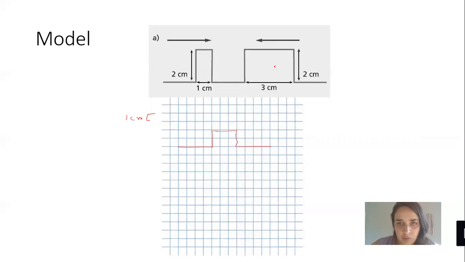I'm going to call this one pulse 1, and this will be pulse 2. So here I have my first pulse. On top of this, I'm going to draw my second pulse. Because they're in the same place, it's going to be directly in the middle, and it's going to be 2 centimeters high, but it's only 1 centimeter in width. So then this is my second pulse. That's what they're going to look like.